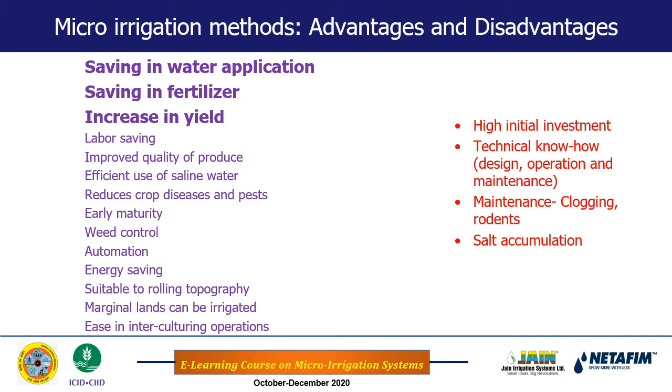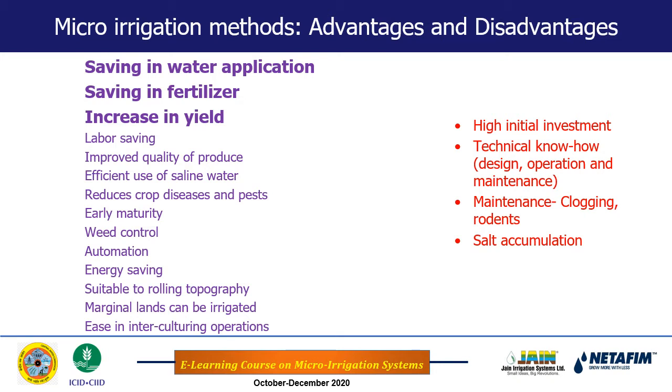With the adoption of the micro irrigation method, we can get better quality of produce compared to the surface irrigation method and sprinkler irrigation method.